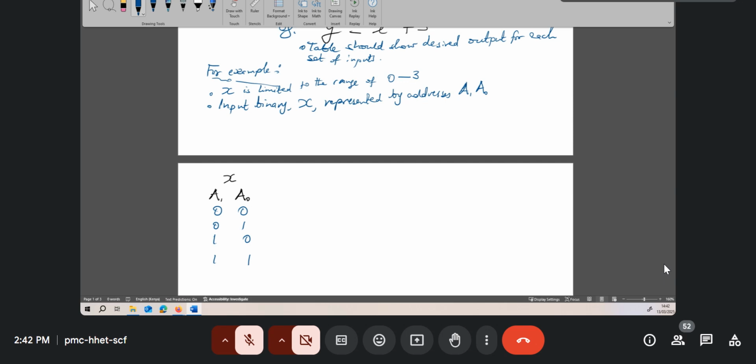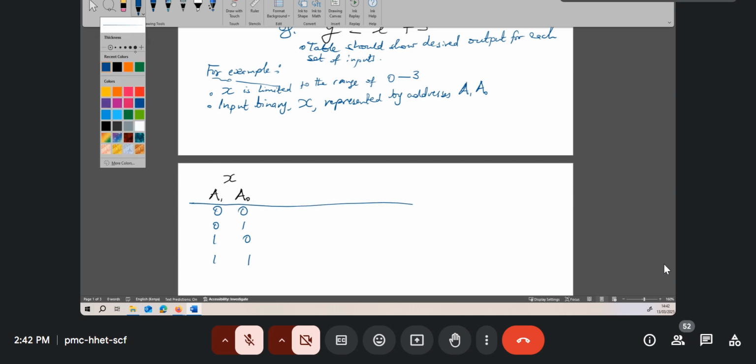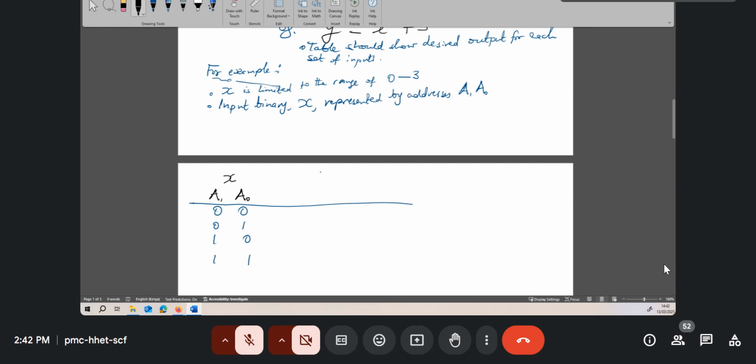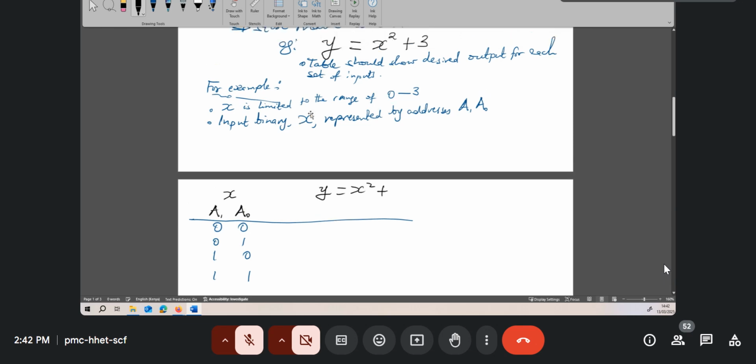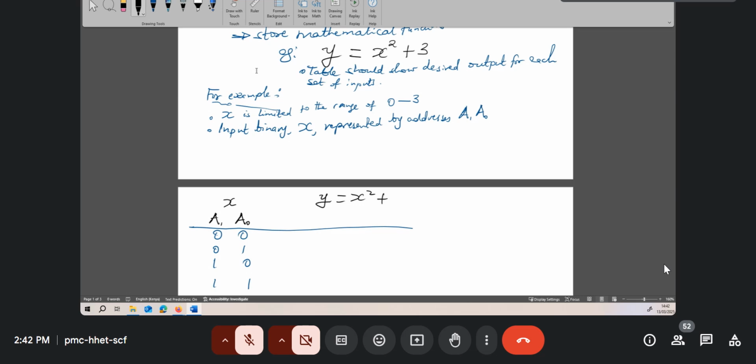And then what will our output be? In this case, our output is y. And how do we get y? y is x squared plus 3, based on our example.